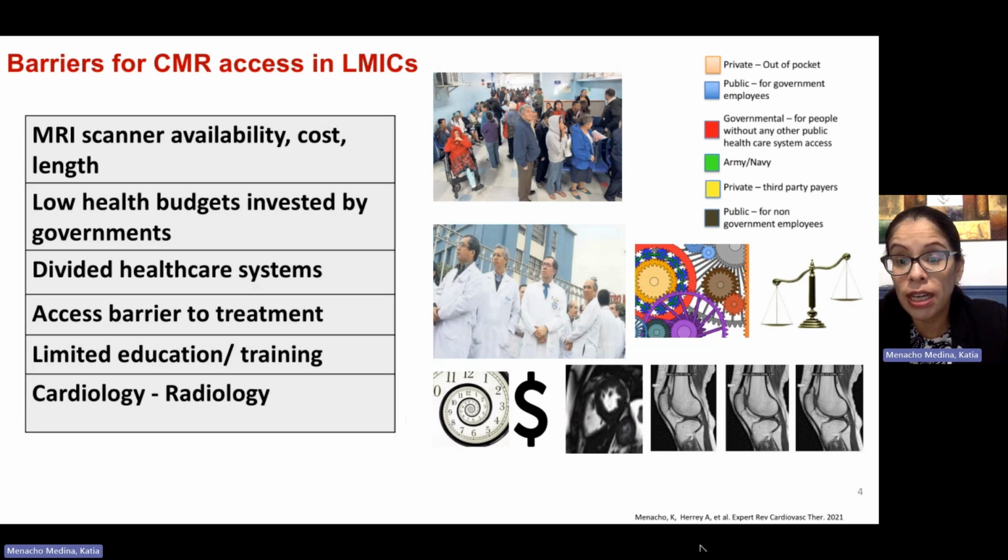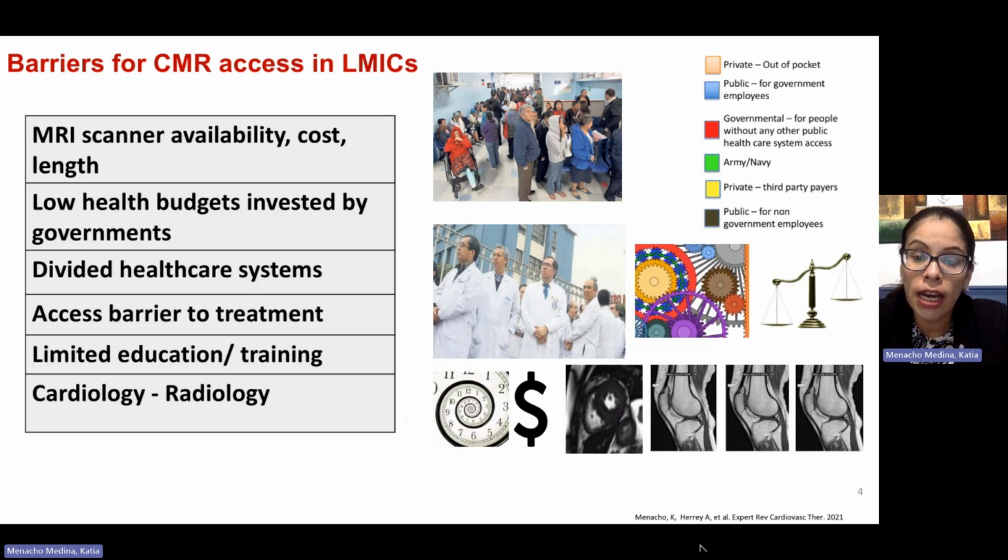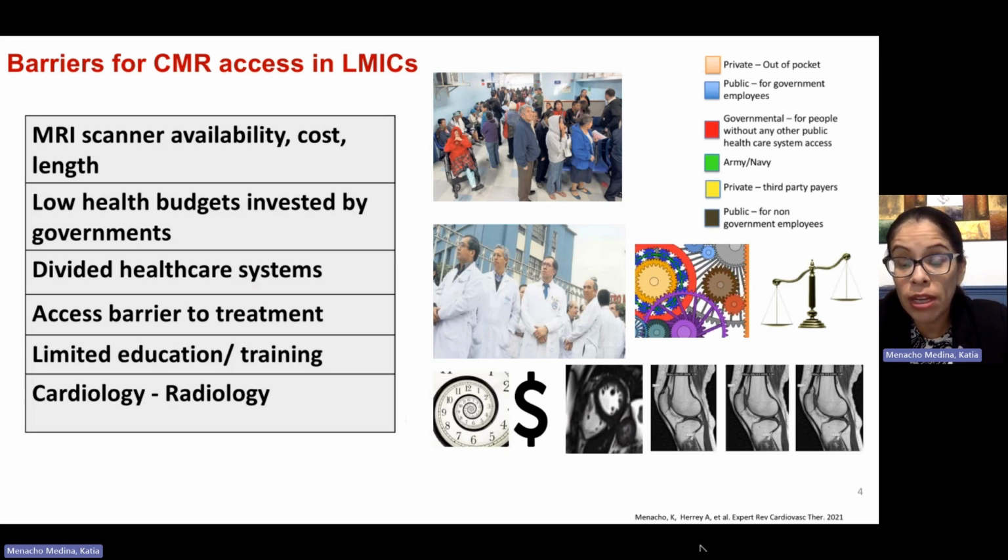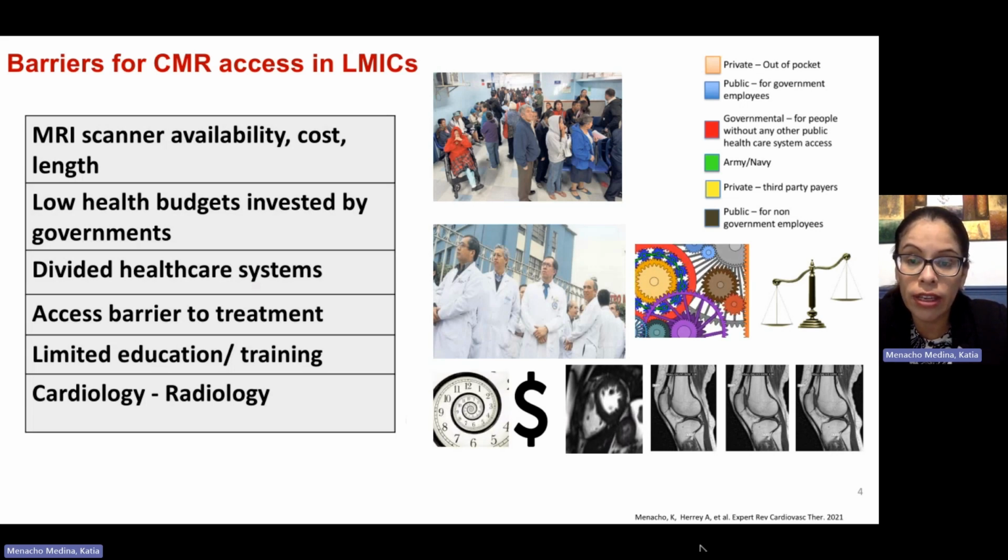The problem is that the cardiac scan is usually seen as a long and expensive scan that needs more training for doctors and radiographers, so that can also limit the interest of the management team to invest in cardiac MRI hours allocated for that. The second one is a low health budget by governments.